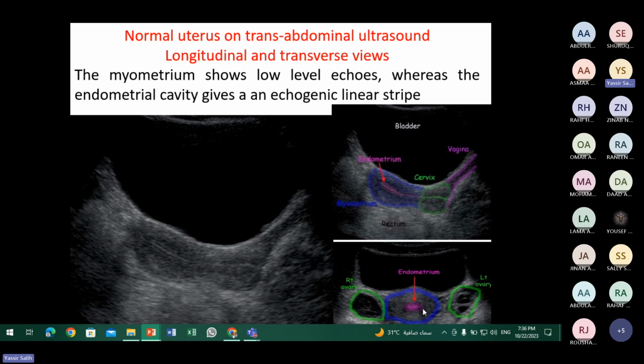In between, you can see the uterus with the endometrium in the center. Look, the endometrium is hyperechoic, but the myometrium is intermediate to hypoechoic. The endometrium is usually seen as hyperechogenicity in the center of the uterus. So this is the anatomy. The myometrium is of low or intermediate echoes, but the endometrium is echogenic or hyperechoic.